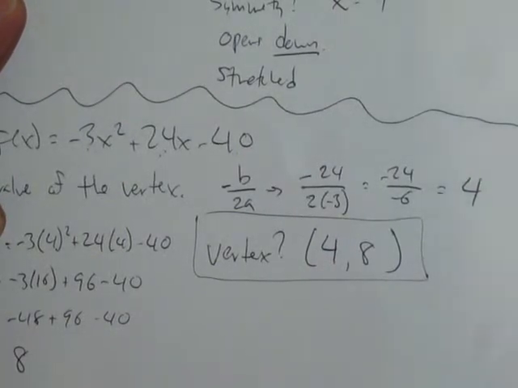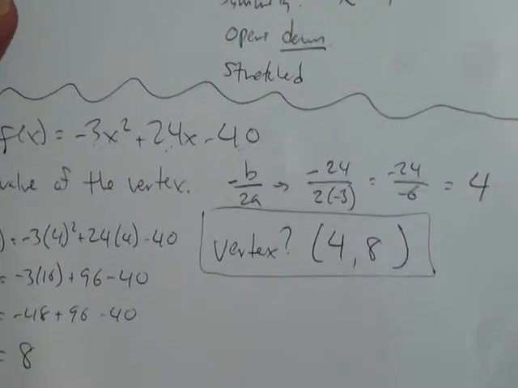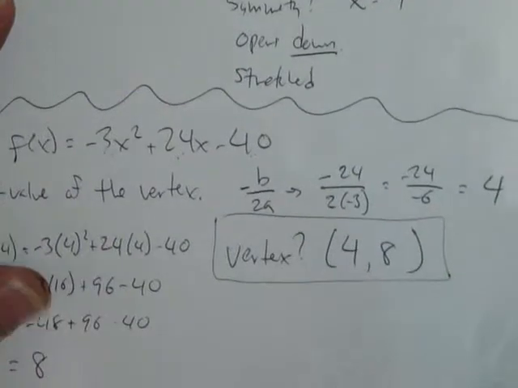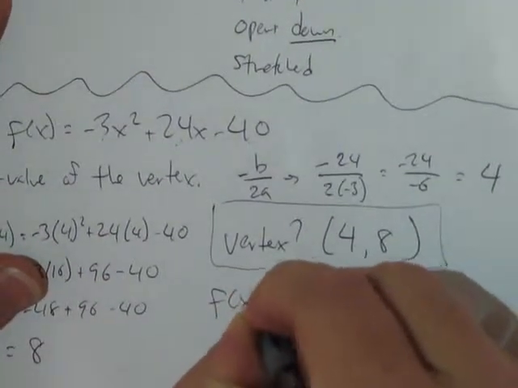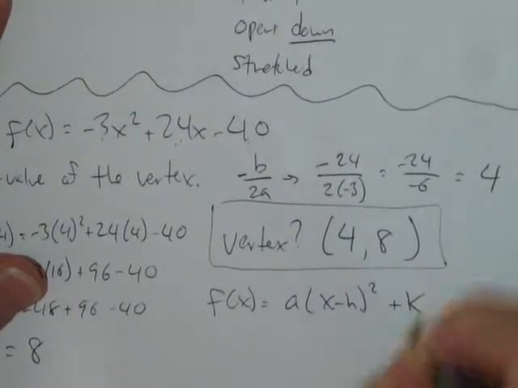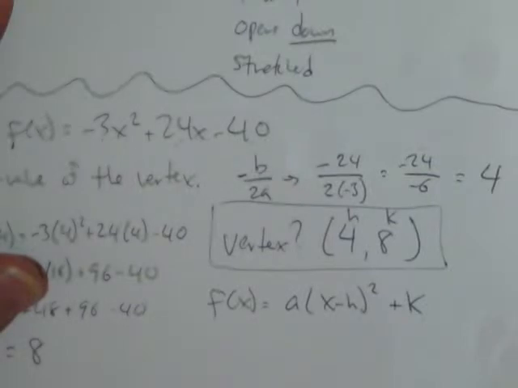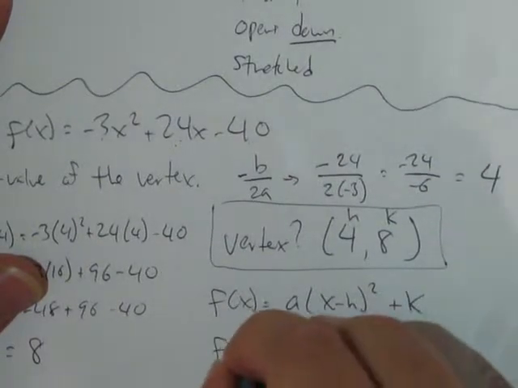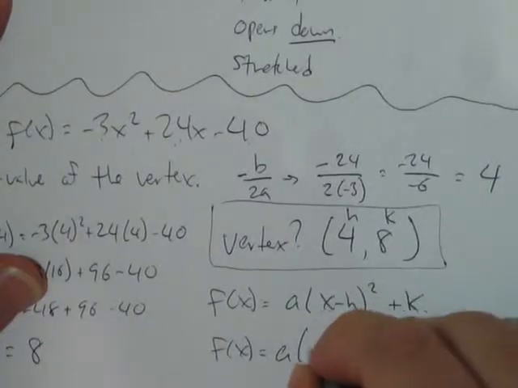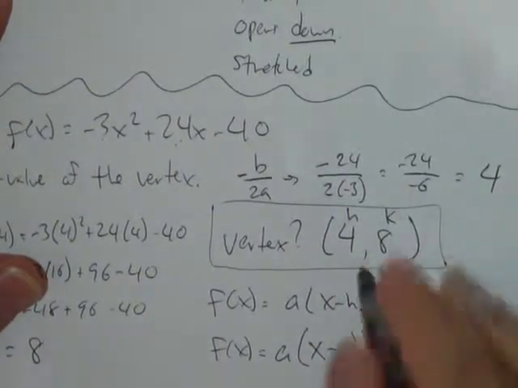And look what we can do now. Remember that the vertex form of the parabola is f of x equals a times (x minus h) squared plus k. Well, we have our h and k now. So f of x equals a times (x minus 4) squared plus 8.